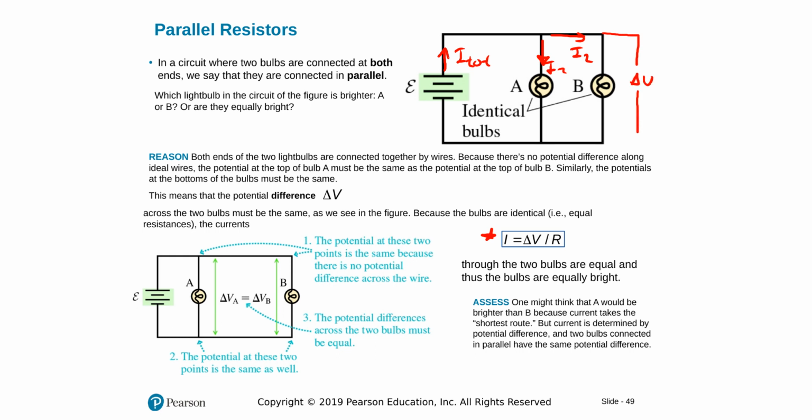So for simplicity I'll say delta V1 is equal to delta V2 equals epsilon. Equal potential differences, different resistances: a larger resistance will get less current from Ohm's law.